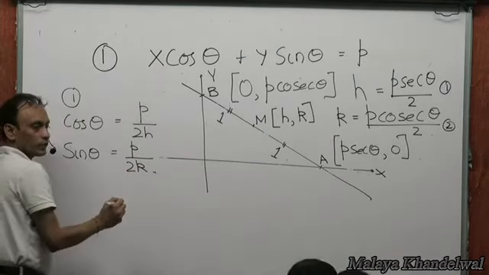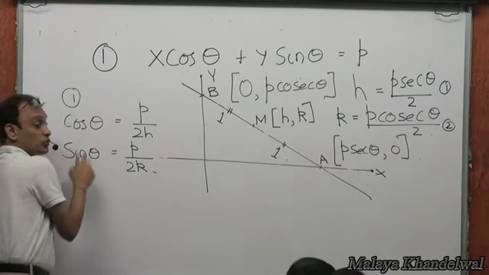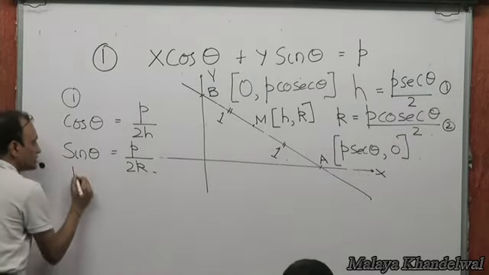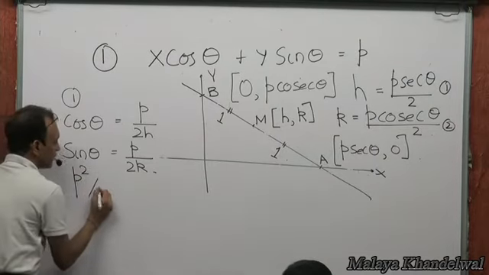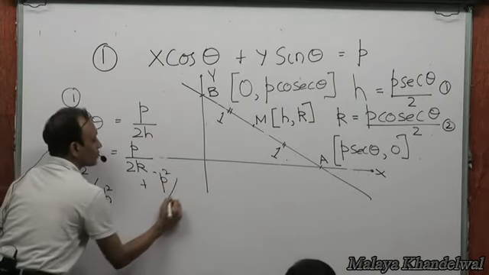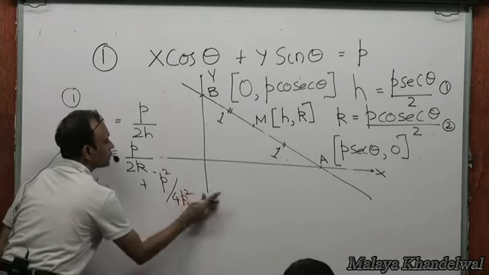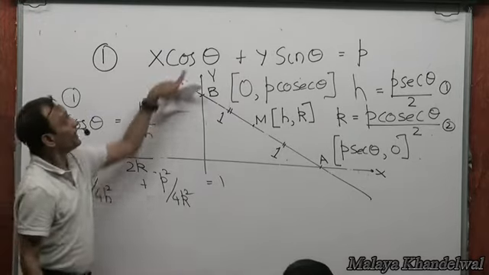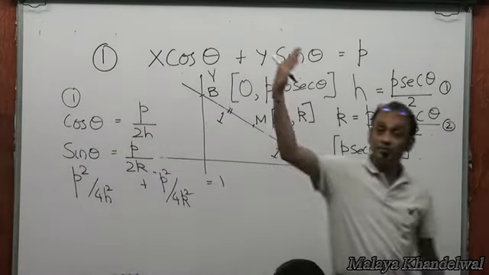Now to eliminate theta, what would I do? Square and add. Cos square theta plus sin square theta equal to 1. So when I do that, I get p squared by 4h squared plus p squared by 4k squared equal to 1. This condition would be true for any value theta assigned to this line.